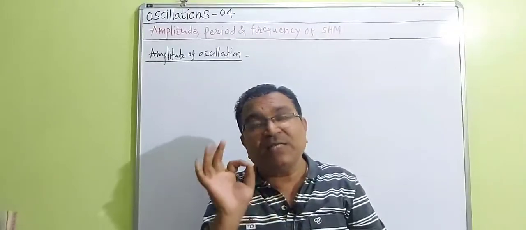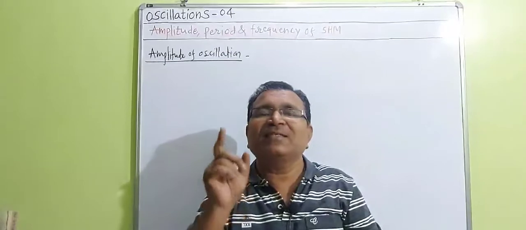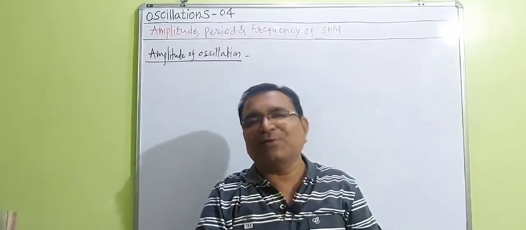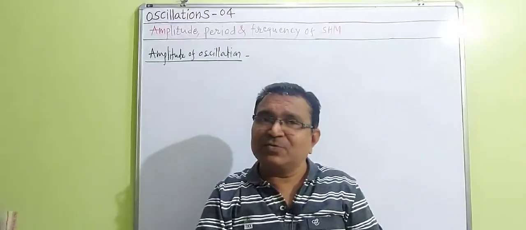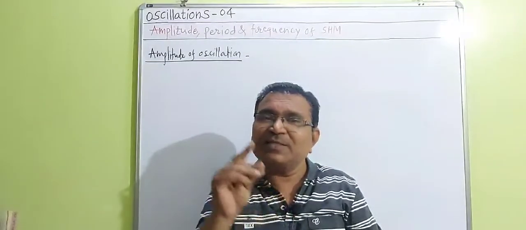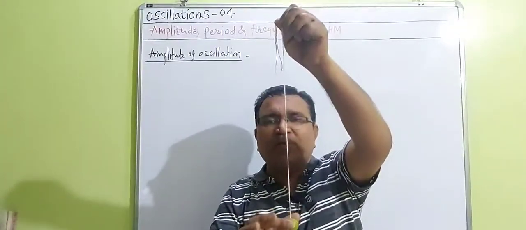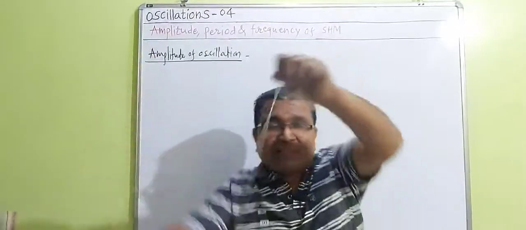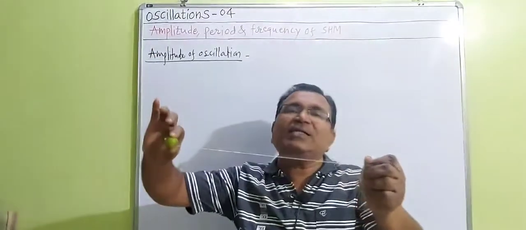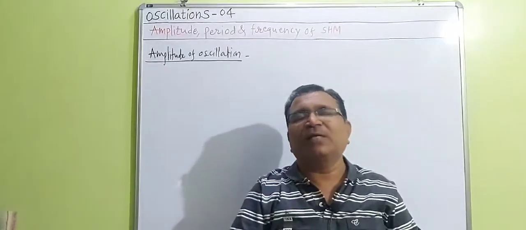From this, we can say that the path of SHM is double the amplitude of SHM, because the amplitude is from the mean position to the extreme, and the path is from one extreme to the other.